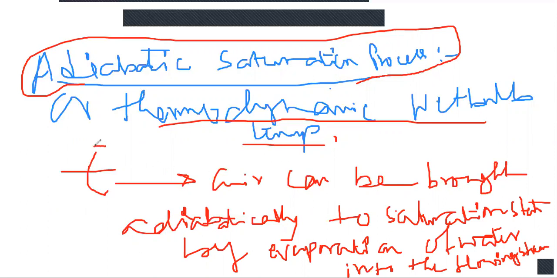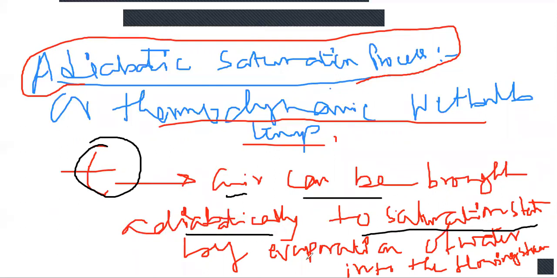Okay, so the adiabatic saturation process is the process in which air can be brought adiabatically to the saturation state by the process, meaning the basic process is evaporation of water into the flowing stream.